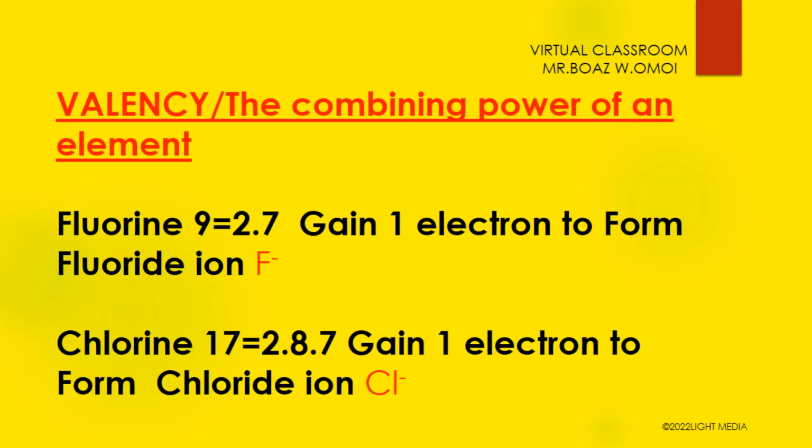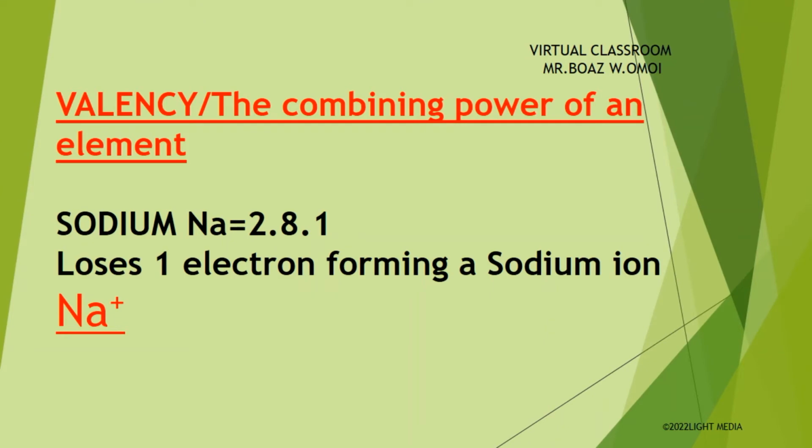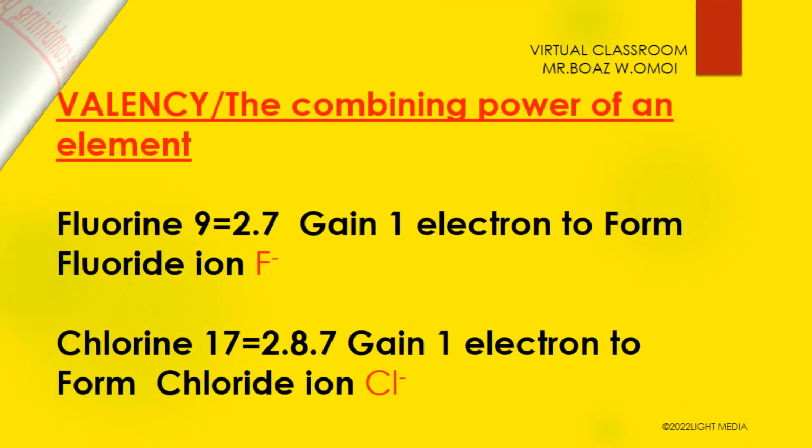So therefore, fluorine will gain 1 electron to become stable, and chlorine will also need to gain 1 electron to become stable. So therefore, for group 7 elements, their valency is 1. They gain 1 electron. Now, group 1 elements like sodium, they lose 1 electron. So there is a difference between group 1 and group 7, though the valency is the same.